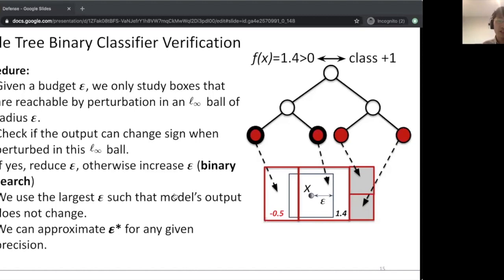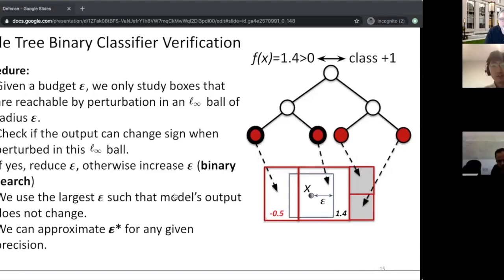Then we check if the output can change its sign when the input is perturbed in this L infinity ball. For example, in the figure on the right, the original x has output 1.4, which is positive. But when we perturb, we can reach another leaf, whose output value is minus 0.5, which is negative. So the model's output label can be changed.